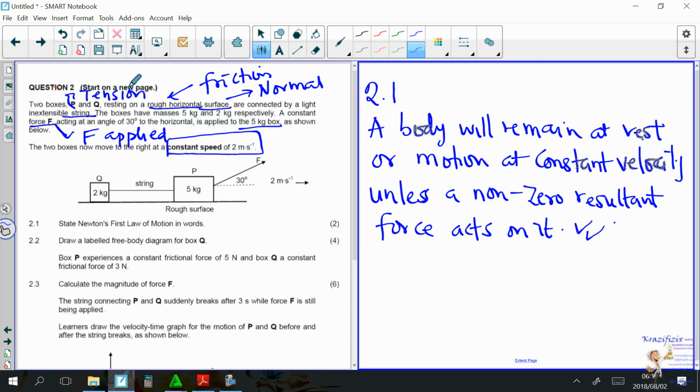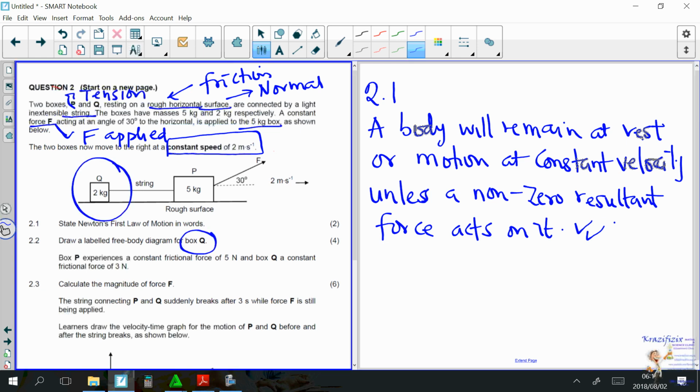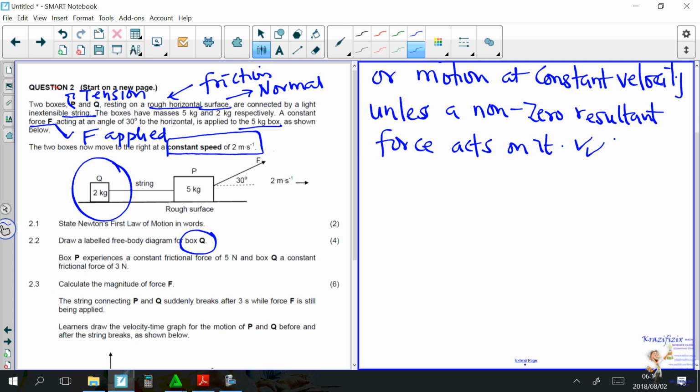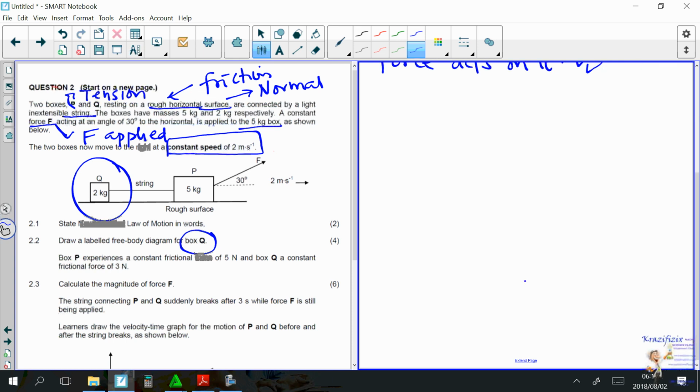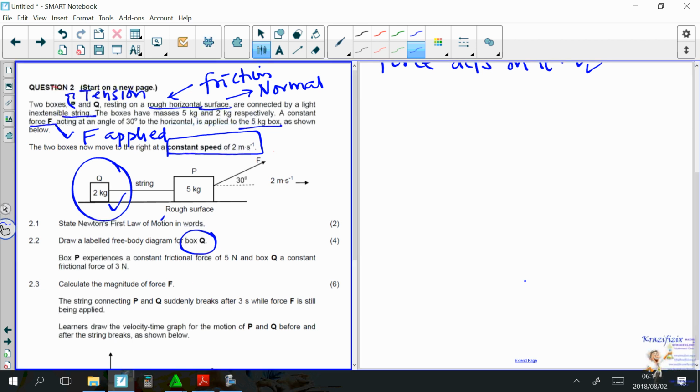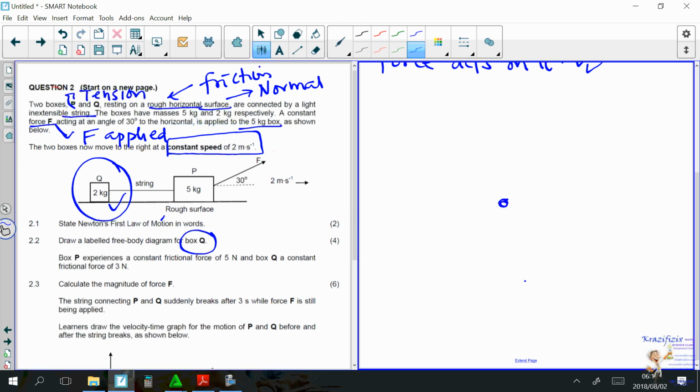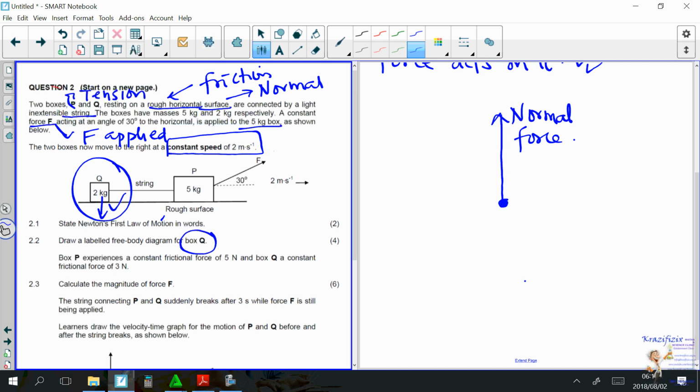Draw a labeled free body diagram for Q. Now let's look at our Q. Let's interpret. What forces do we see on Q? Number one, there is a normal force because the object is on a surface. How do we represent it? Please use a ruler when you draw. So here I've got my normal force, right in full, normal force. Q has a mass, so obviously it has a weight.